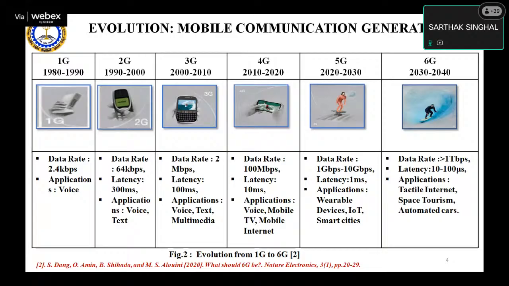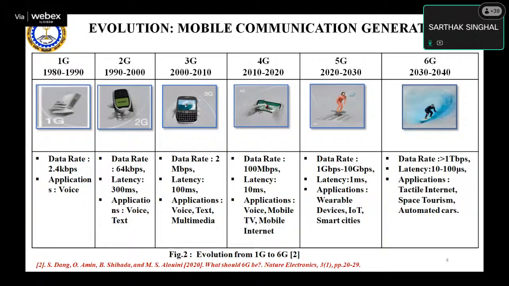Then comes 3G, 4G. With 3G, along with voice and text, we are able to transmit some pictures or multimedia also. Then from 4G, mobile internet was also included in mobile devices.